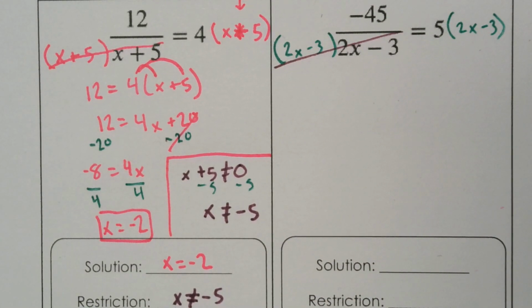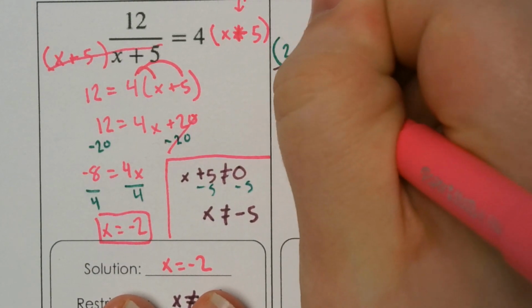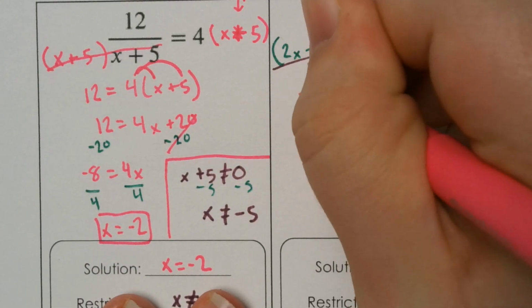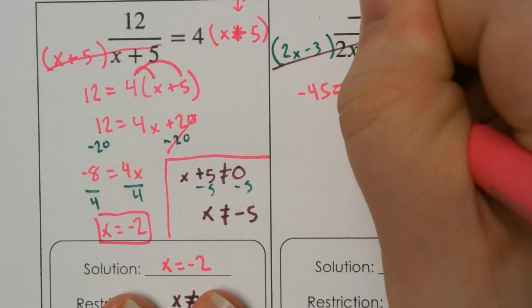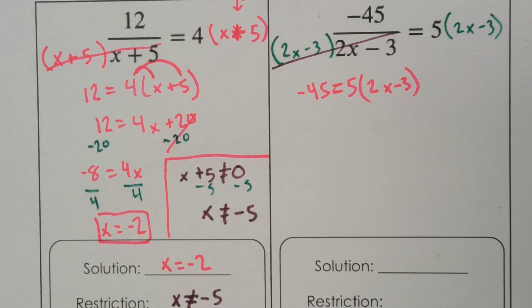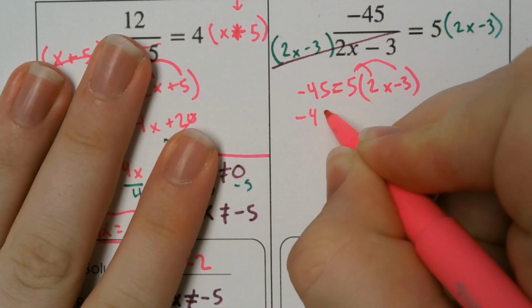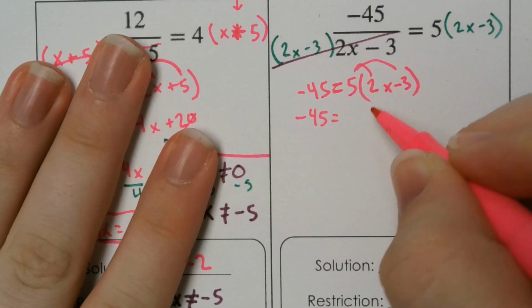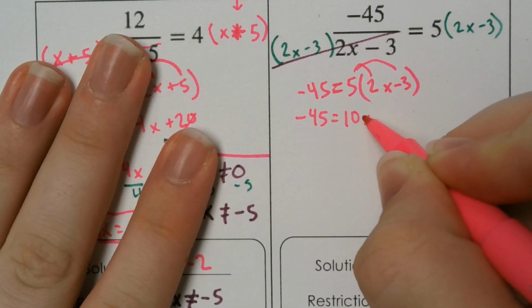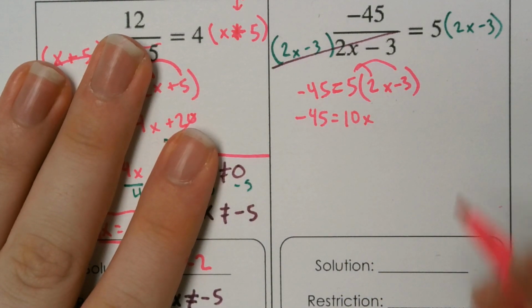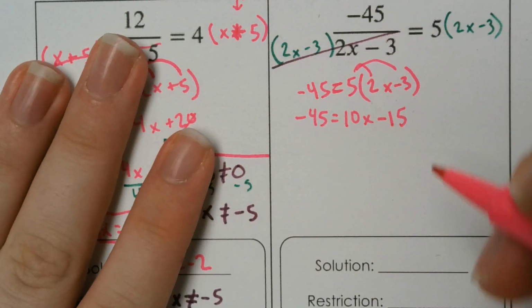So we are left with negative 45 equals 5 parentheses 2x minus 3. So we distribute. We still have negative 45 equals 5 times 2x is 10x, and 5 times negative 3 is negative 15.